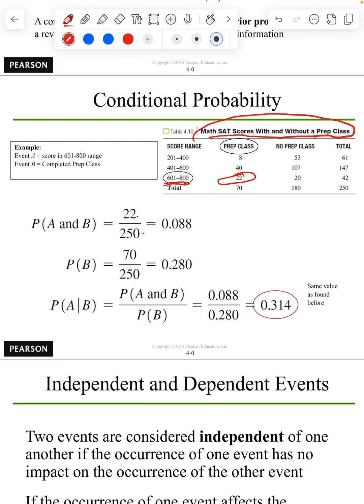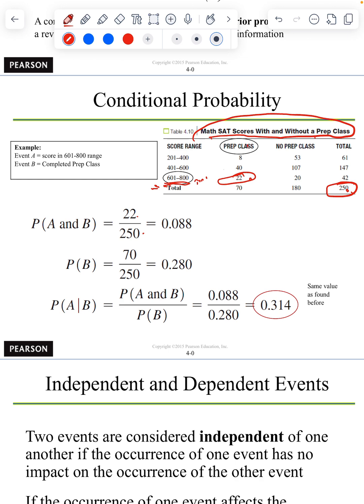So this changes things. Here was the total number of students that took the math SAT. So 22 took the prep class and fell in the 601 to 800 range out of 250. So if they took the prep class and hit the 601 to 800, it's 0.088.